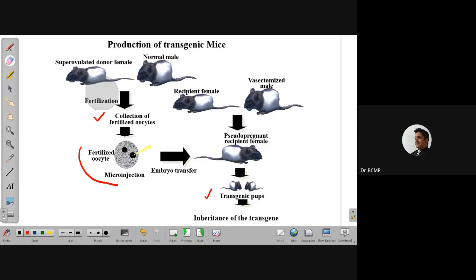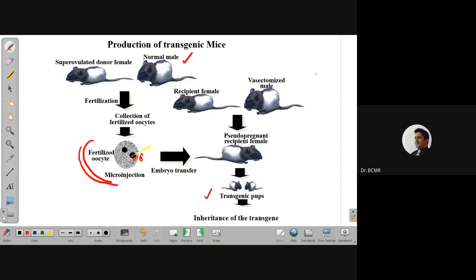The superovulated donor is allowed to mate with a normal male, and fertilization would have occurred, and then she is sacrificed, kind of, and the eggs are taken out. Within the fertilized eggs, the oocyte, you would introduce the transgene into the male pronucleus.